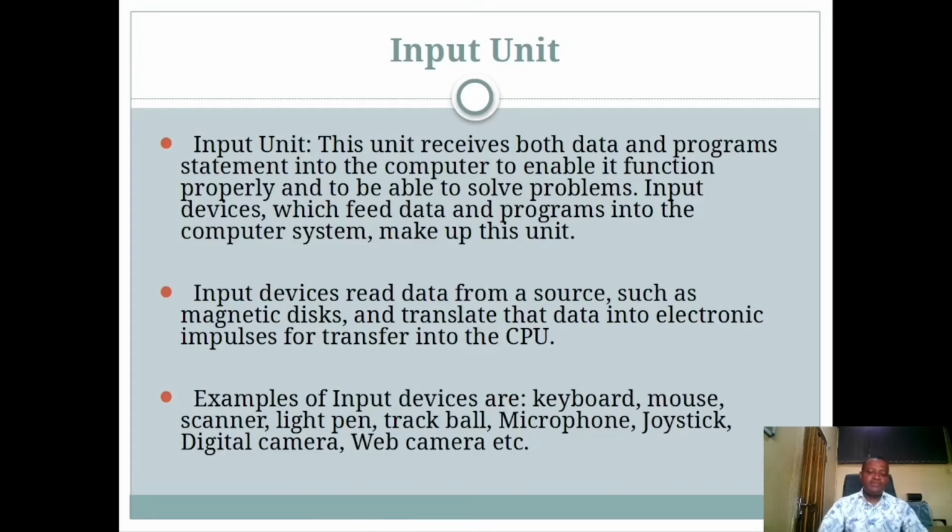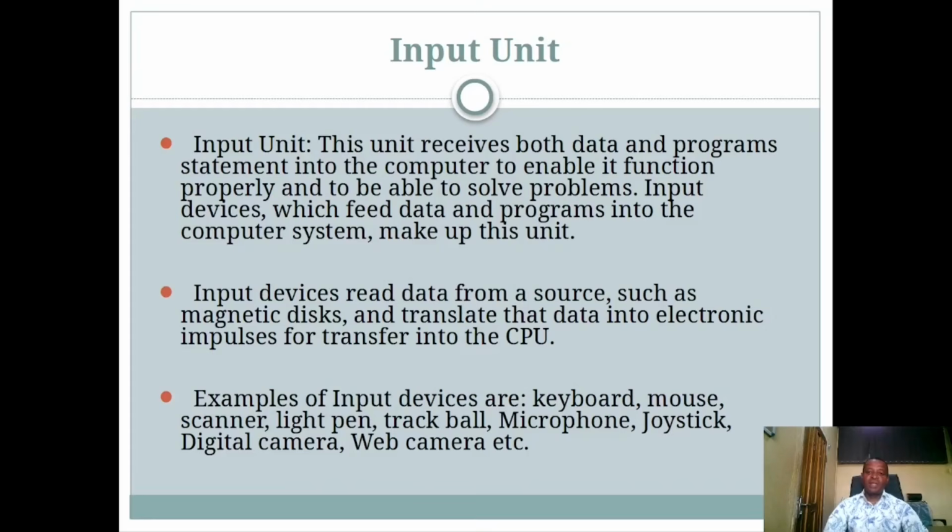Examples of input devices are the keyboard. Most of us are familiar with the keyboard. The keyboard is an input device that enables you to type data into the computer system.